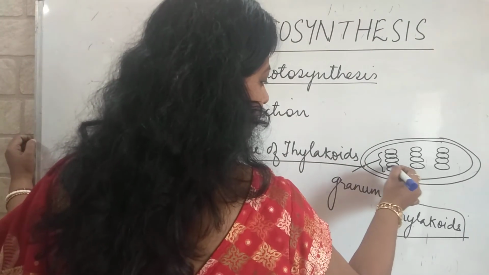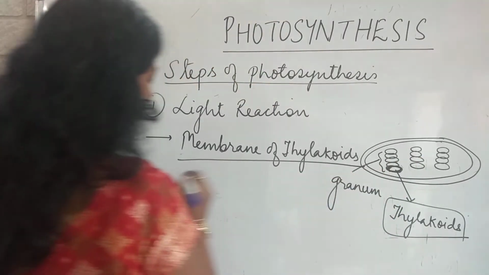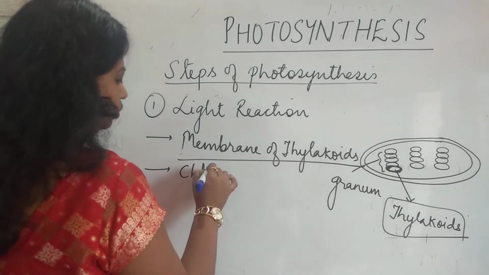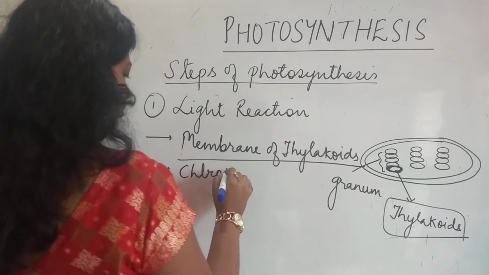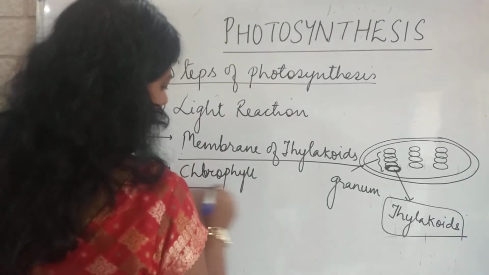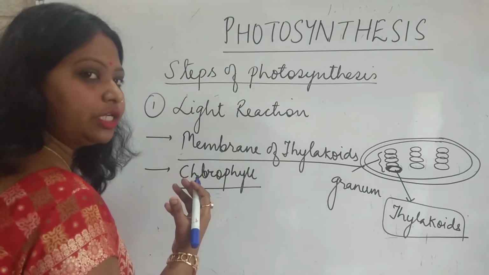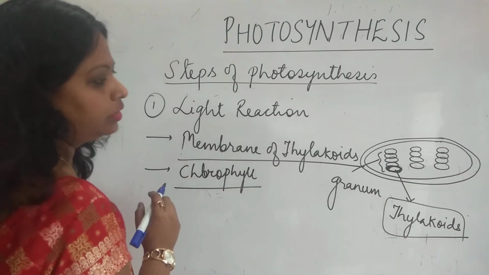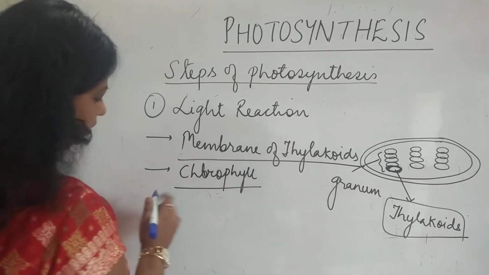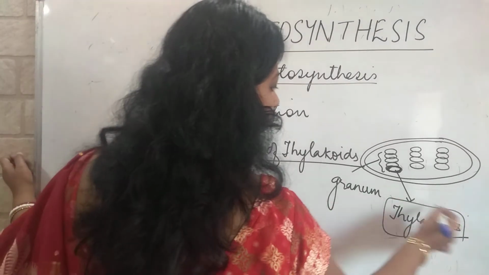This membrane of thylakoid is the place where the pigment called chlorophyll is present. Chlorophyll is the pigment which will absorb solar radiation and will help in converting it into chemical energy.